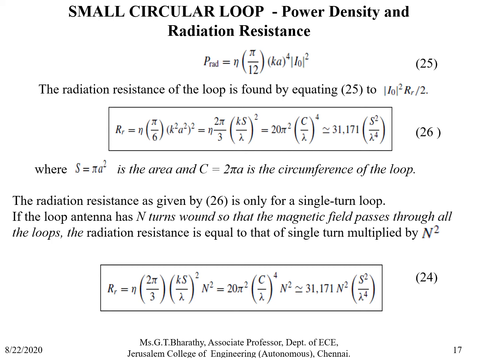The same parameter can be represented in terms of S and C, where S is the area of the circular loop and C is the circumference of the loop. S is given by pi A square, where A is the radius of the loop, and C is the circumference given by 2 pi A. So radiation resistance in terms of S can be represented as eta 2 pi by 3 [Ks by lambda] the whole squared, and in terms of C the same parameter is represented as 20 pi square [C by lambda] the whole power 4.